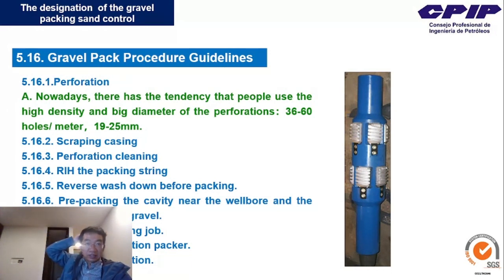Nowadays, there is a tendency that people use high density and big diameter perforations, 36 to 60 holes per meter, and scraping the casing, perforating, cleaning, and running in hole the packing string, then reverse wash down before packing, and then pre-packing the cavity near the wellbore and the perforations with gravel.